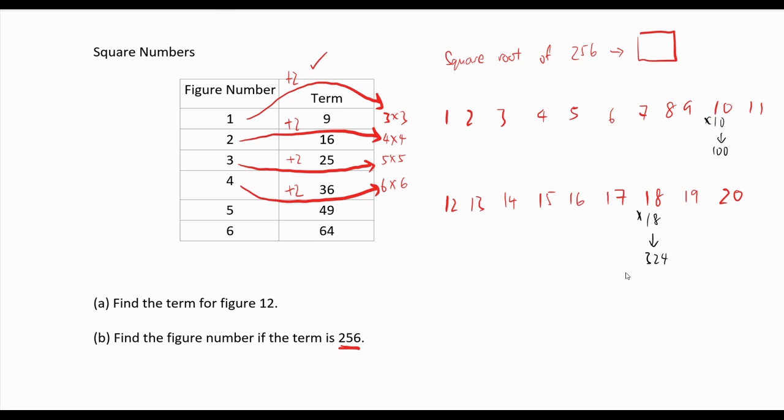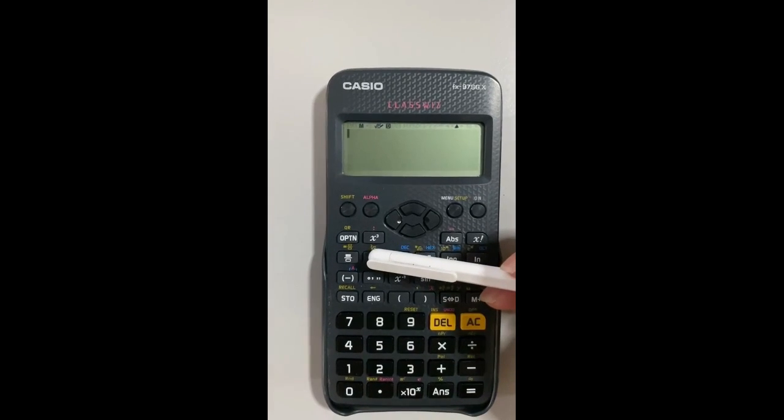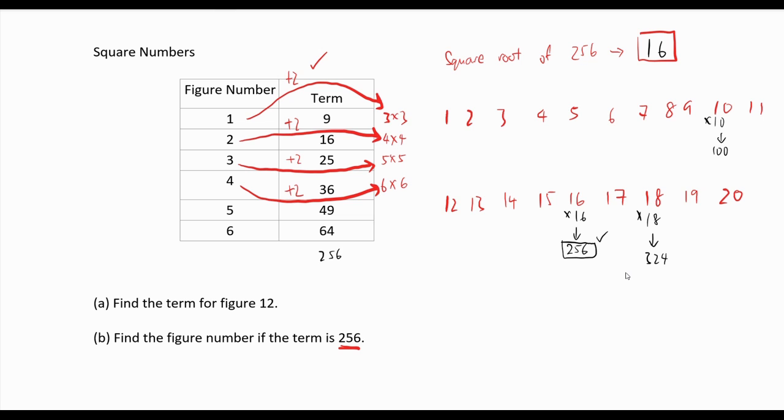So let's try a smaller number like 16. 16 times 16 gives us 256. So we know that the square root of 256 is 16. Of course, if you have a calculator, just use the square root function. Next, we take 16 minus 2 to get a pattern number, which is 14.